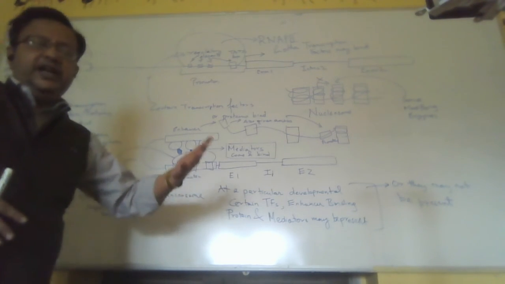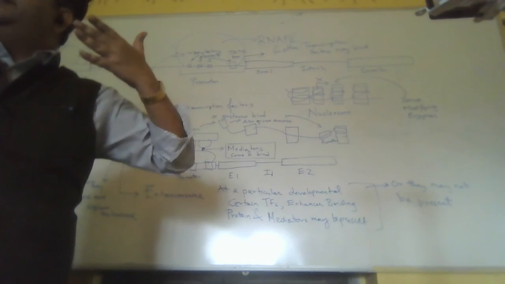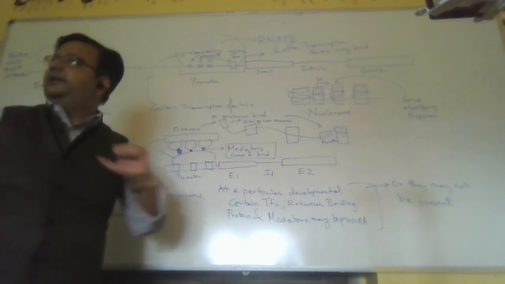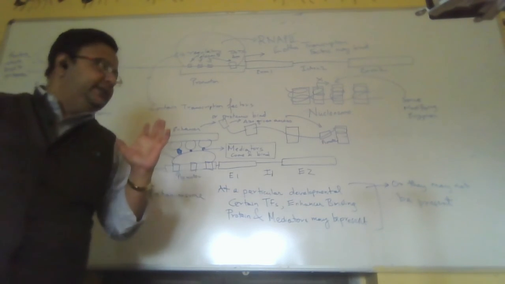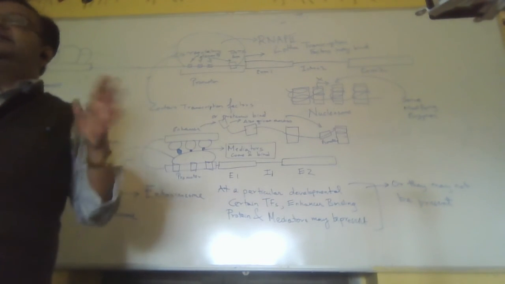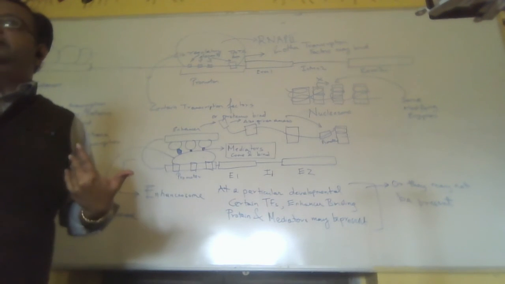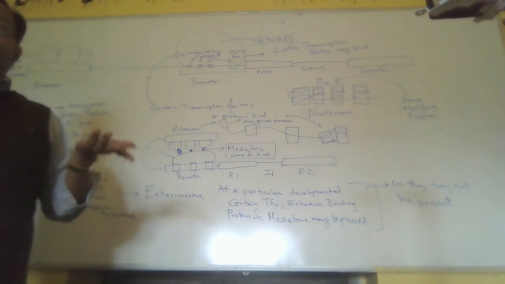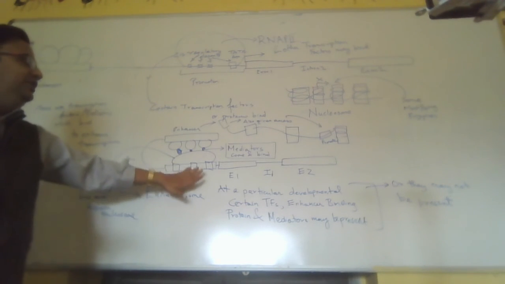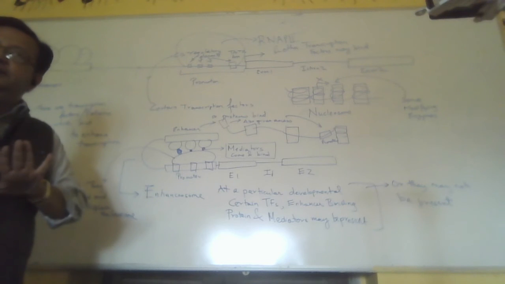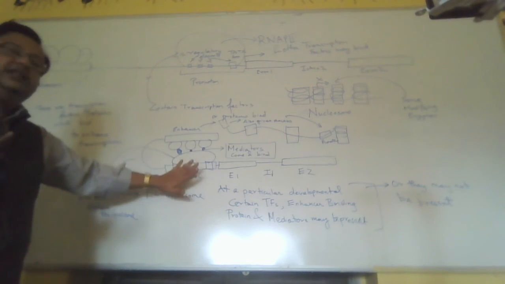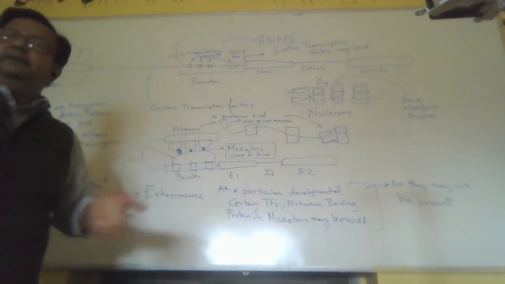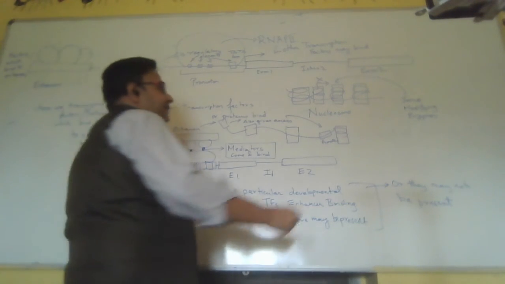At a particular stage, say at the 8 cell stage, XYZ transcription factors, mediators, binders, EBPs are present. And at a 16 cell stage, they are not present. Something else, maybe ABC, are present. So ABC will bind to different elements of different genes, while XYZ may bind to different elements of different promoters.